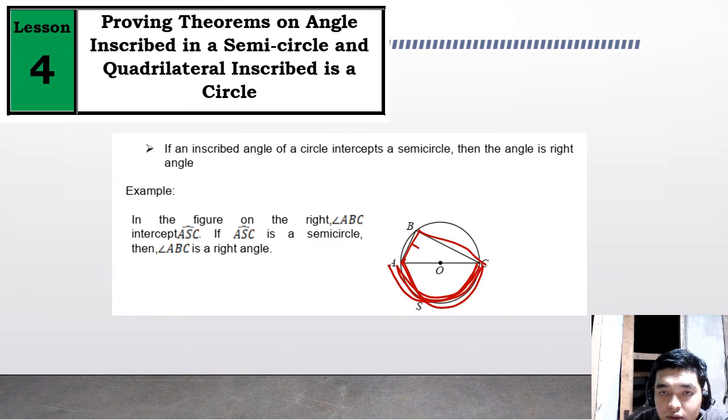Why? Because the measure of a semicircle is 180 degrees. Based on the theorem, the measure of the inscribed angle is half of 180, and half of 180 is 90, the measure of a right angle. That's why we have 90 degrees.